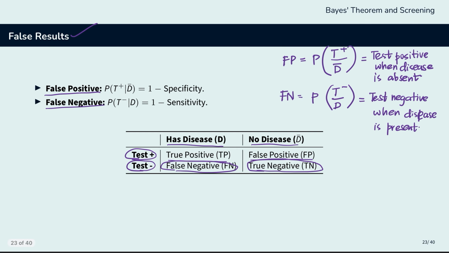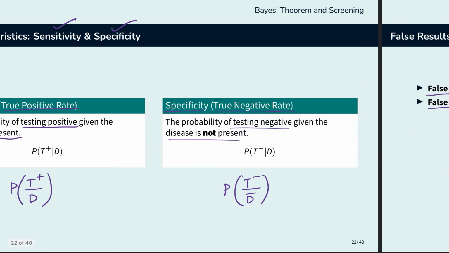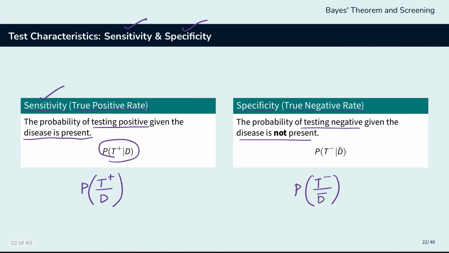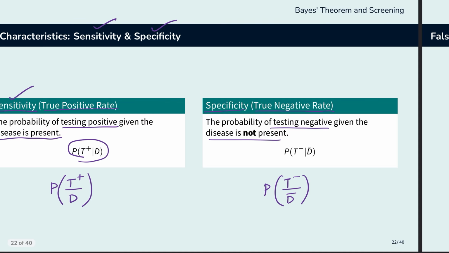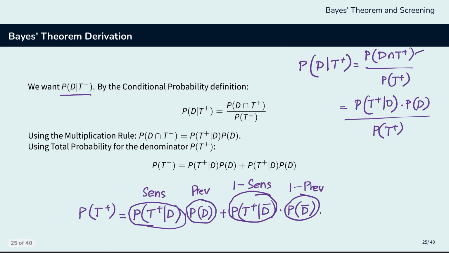If you remember, T+ given D, that's sensitivity. Based on the values that we have right here, we can also note that this is T+ given D, which again is sensitivity, and the probability of the disease, P(D), refers to prevalence.